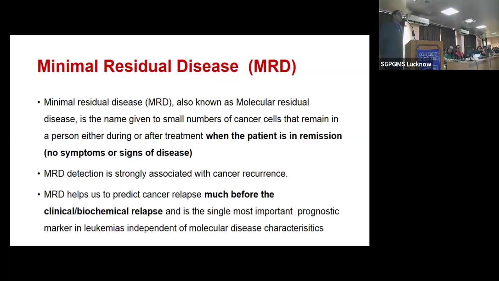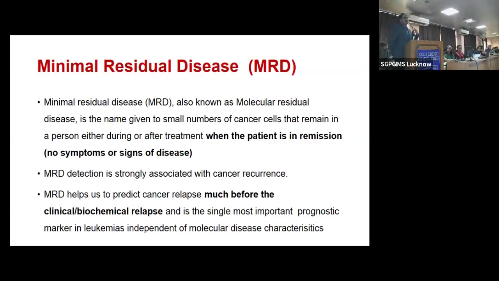So, even if the patient is in clinical remission and his counts are perfectly normal, he's behaving quite well, tolerating the therapy quite well, but his MRD is persistently coming positive at low grades, then we can simply prognosticate that the patient is not going to do well. As your chemotherapy gets stopped, you are bound to relapse in the near future.